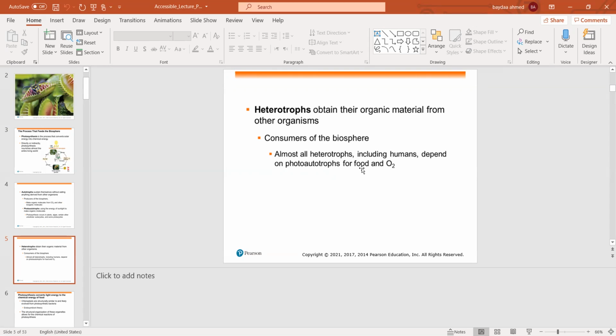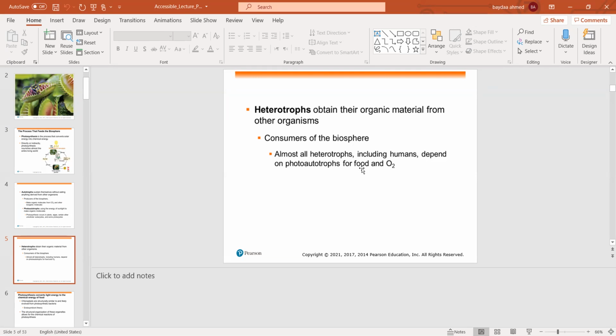Some heterotrophs consume the remains of other organisms and organic matter, such as feces and fallen leaves. These types of heterotrophs are known as decomposers. Most fungi and many types of prokaryotes get their nourishment this way.